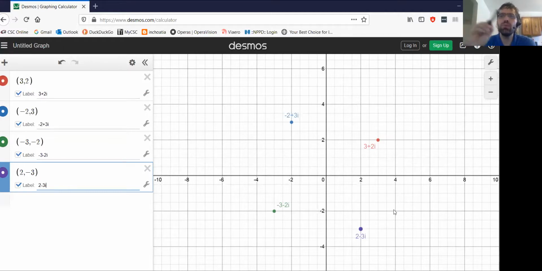If stuff's moving around, if stuff's rotating, then complex numbers are almost certainly involved behind the scenes. So if you have circular movement or sort of semi-circular movement, you really have complex and imaginary numbers lurking in the background.